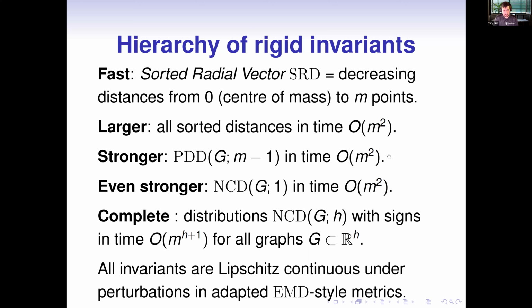Then we have PDD, a bit more complicated metric, and then we have a variation of our NCD invariant that can also be computed quicker, but might not be complete. And then we obviously have the complete one, when we have chosen the correct number of points that we are fixing at each stage. And all those are obviously Lipschitz continuous.